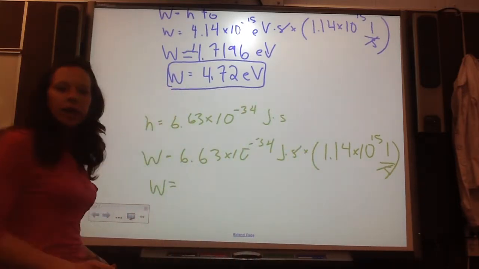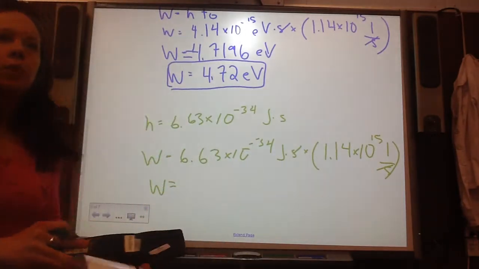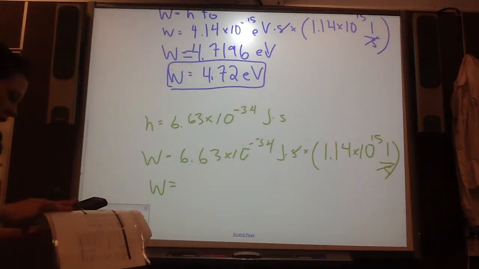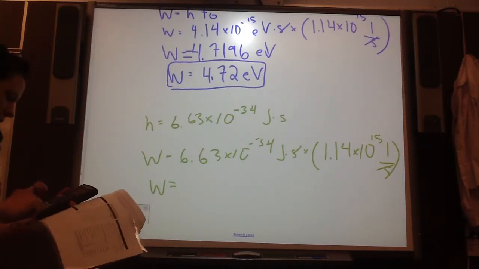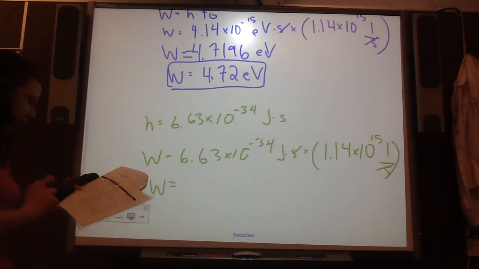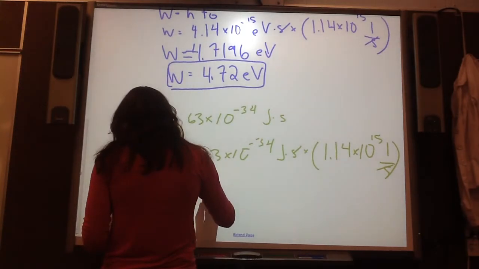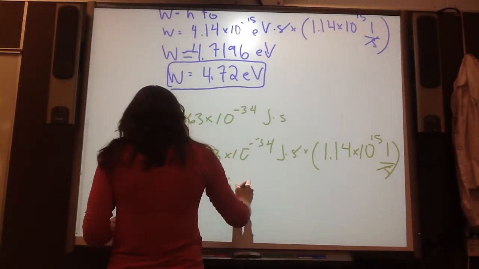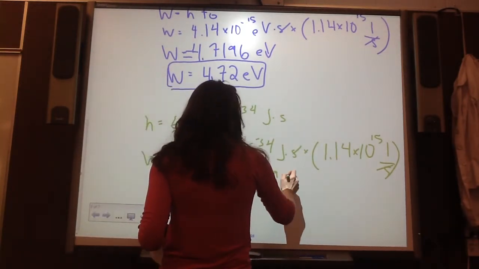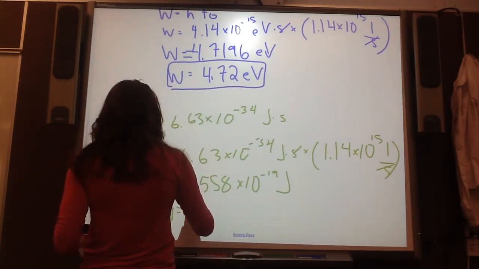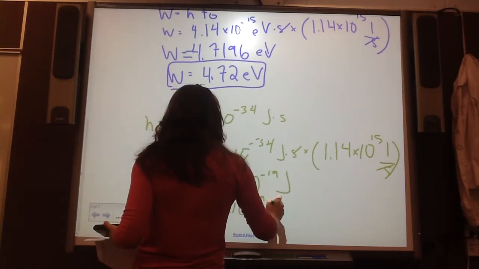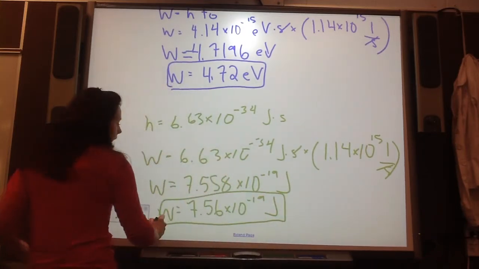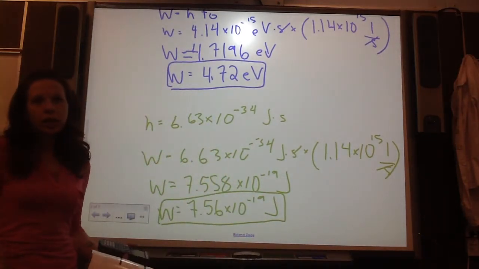Did anyone do this one? No? So this is 7.558 times 10 to the negative 19 joules. So W is equal to 7.56 times 10 to the negative 19 joules. See, they're very different numbers, but they're still correct. Just different units.